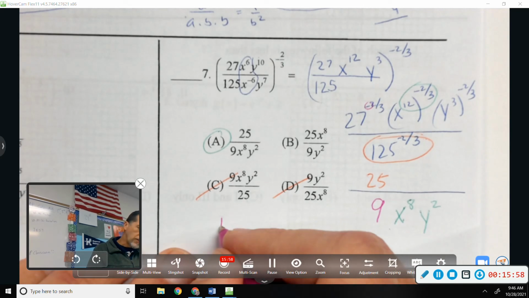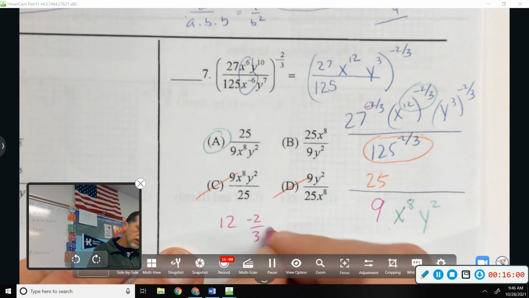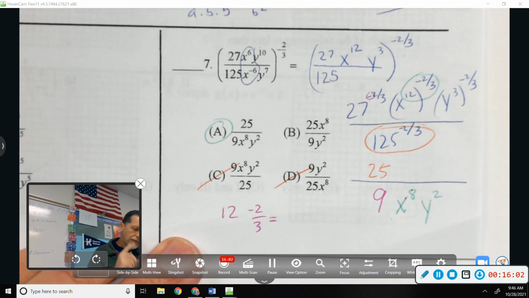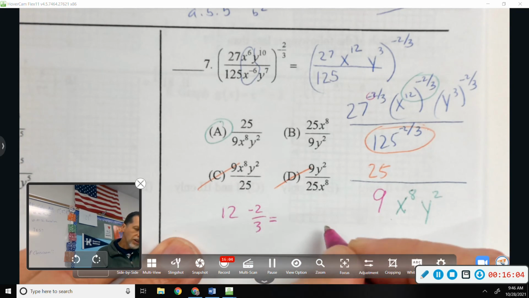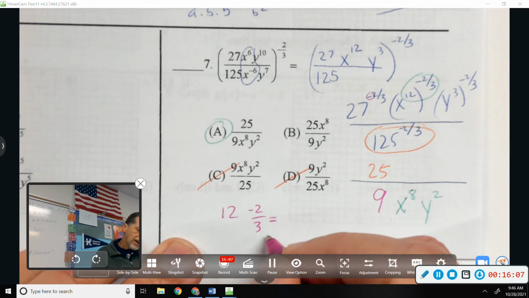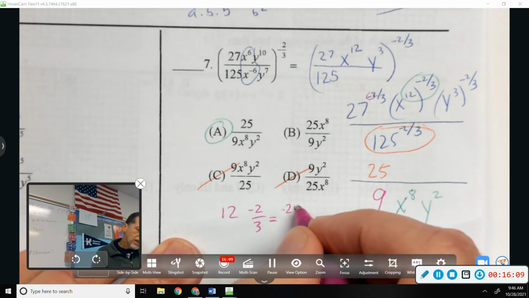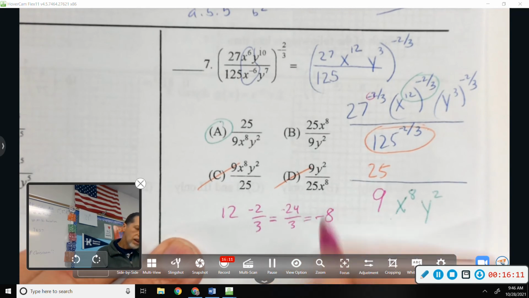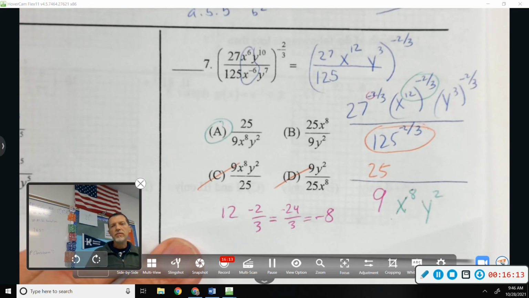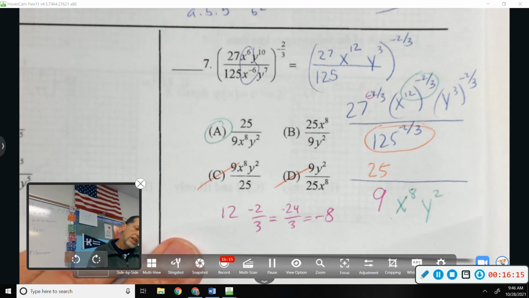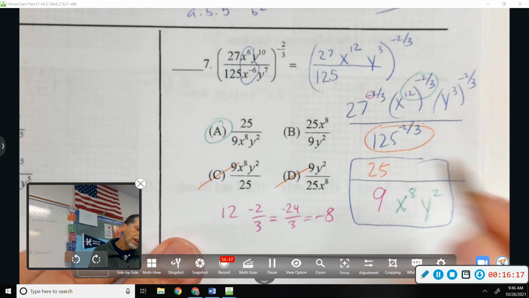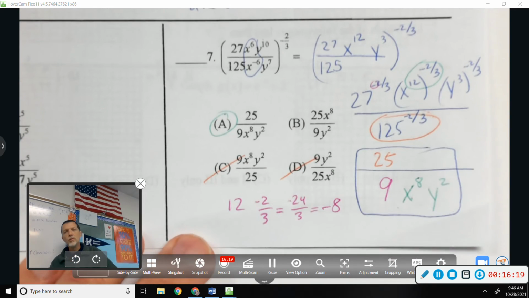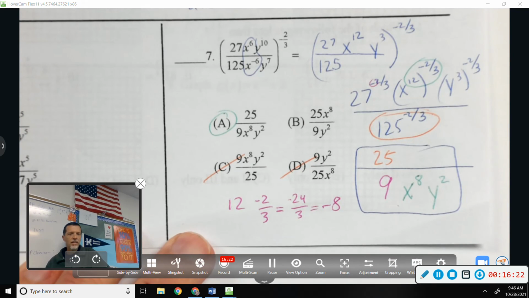I did 12 times negative 2/3. And I can either reduce first and get negative 8, or I can multiply and then divide and get negative 8. So multiplying fractions. And yes, that'll be the part that gets some people on the test. They know all the new rules, but they forgot how to multiply fractions. Nobody in here, of course, though.